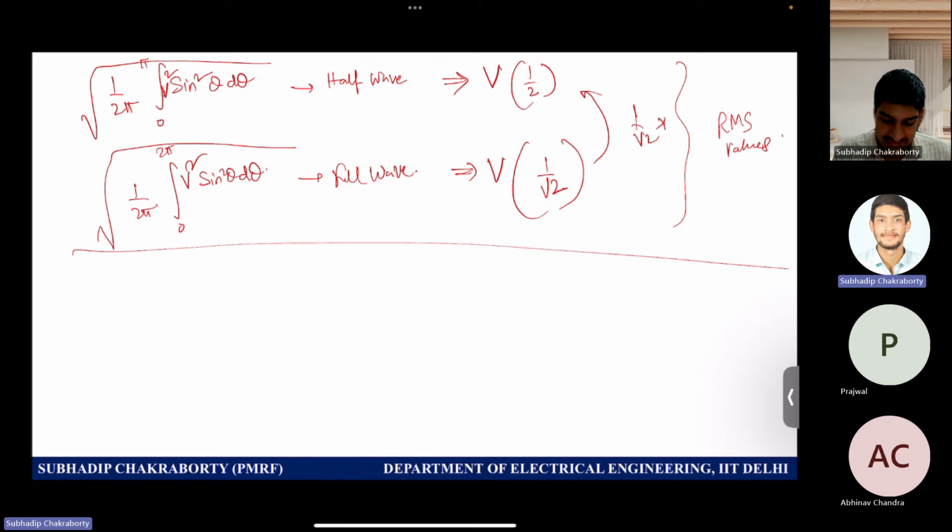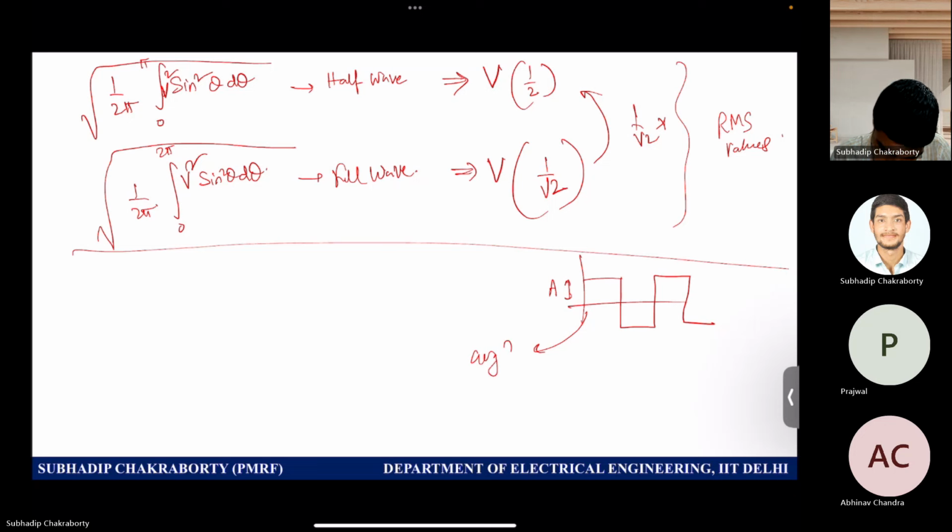So for 10 volt DC, if I apply the square wave, so obviously for this signal, what is the average value? If I half wave rectify it, because this signal is passing to the instrument like this.